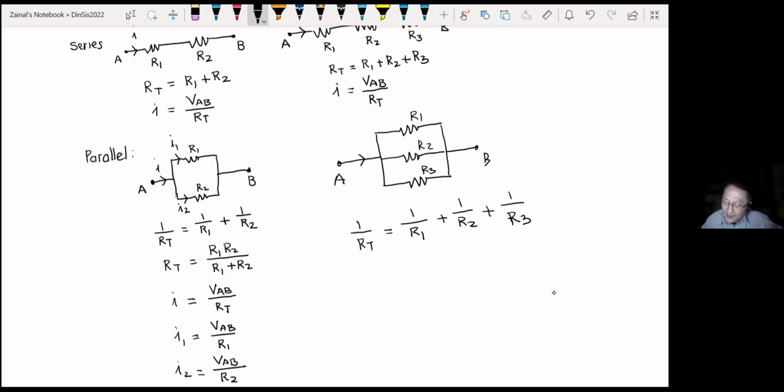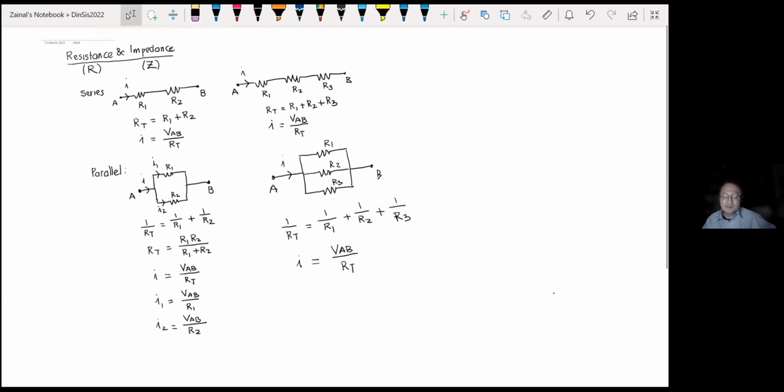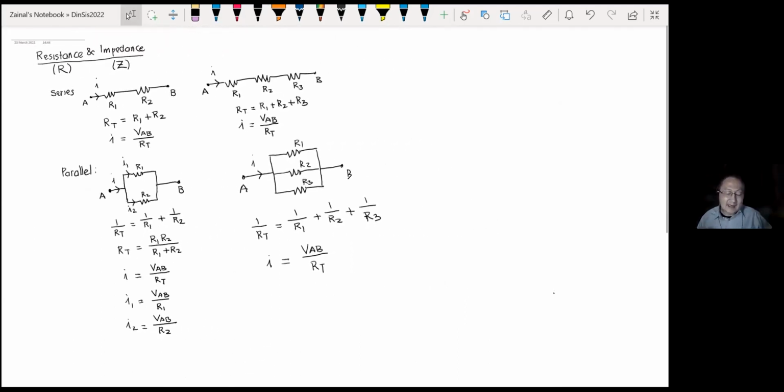When you find this, then you can find I. I is just VAB divided by RT. So you can find I1, I2, I3. Any question about this one? This one is resistance. Any question about this one?